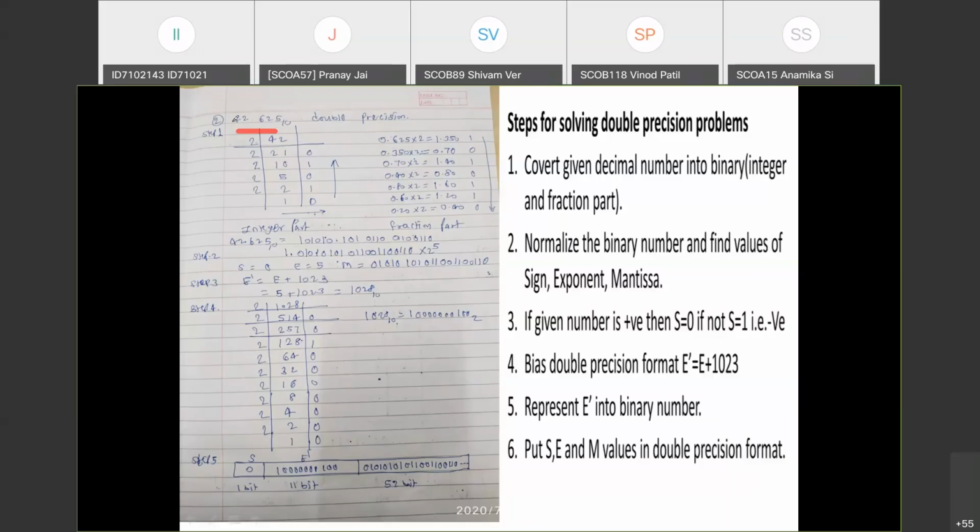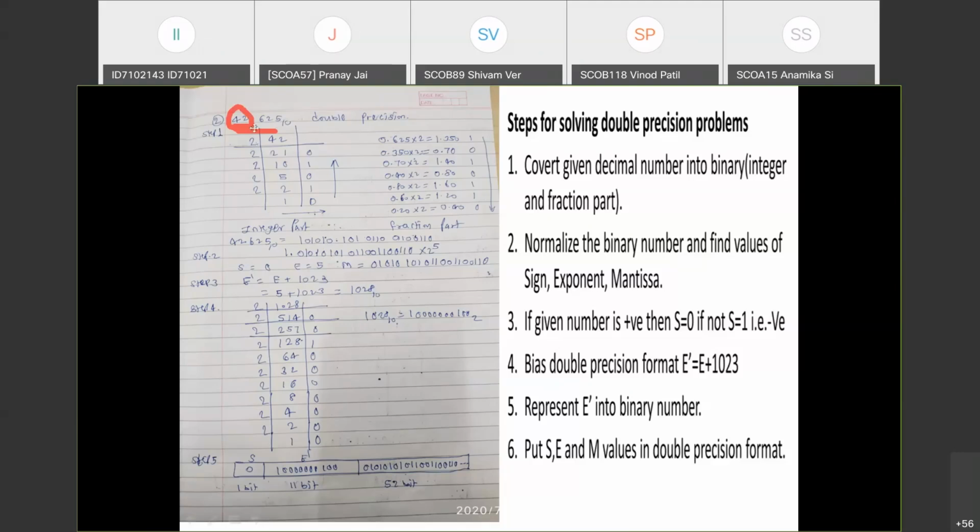First of all, for the given floating point number, 42 is an integer, so to convert the given floating point number into binary, for the integer part we have to follow one method, and for the fraction part we have to follow a different method.